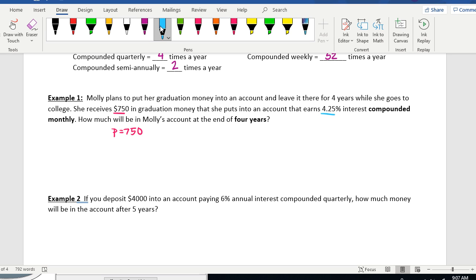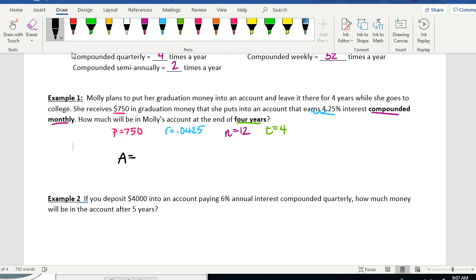Instead of moving it 2 places to the right, I'm going to go 2 places to the left, so my rate is 0.0425. Compounded monthly means my N is going to be 12, and 4 years is going to be my time. So T equals 4.